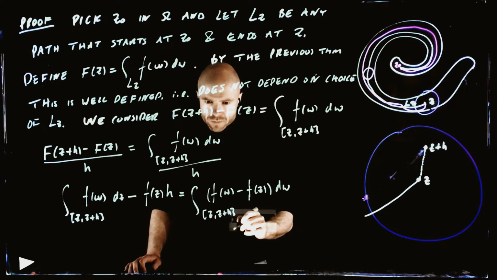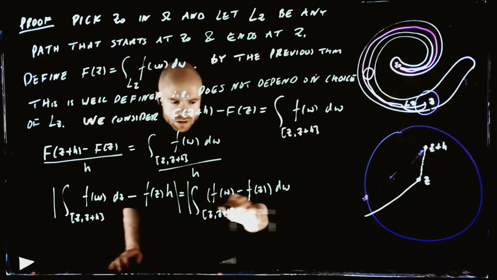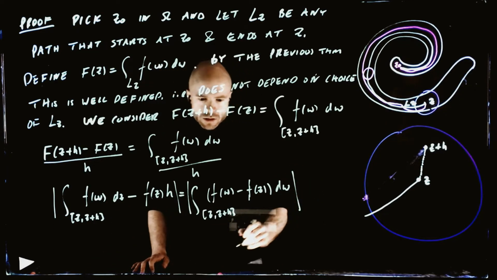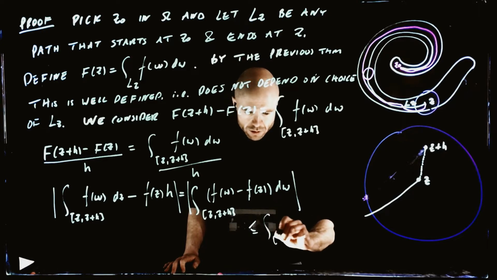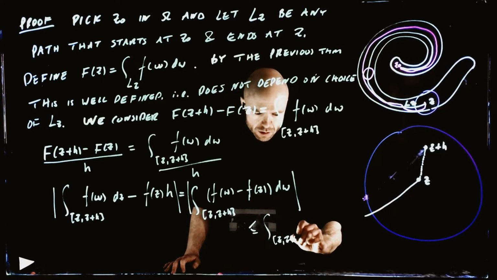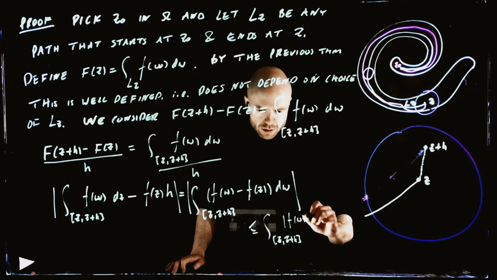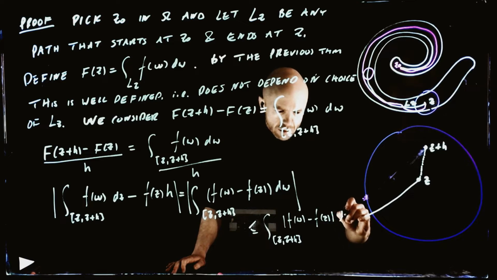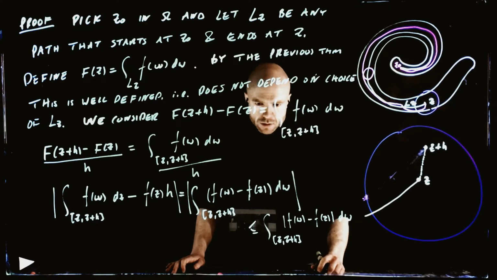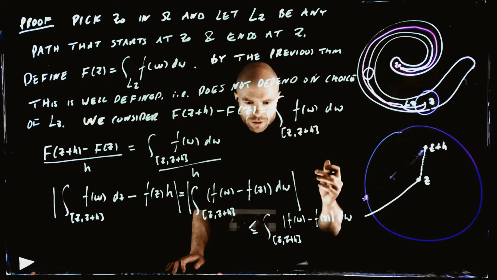So put absolute value signs around this, and then this is less than or equal to this thing. And then this thing gets very small because f is continuous.